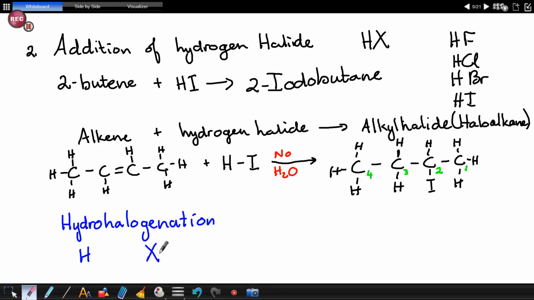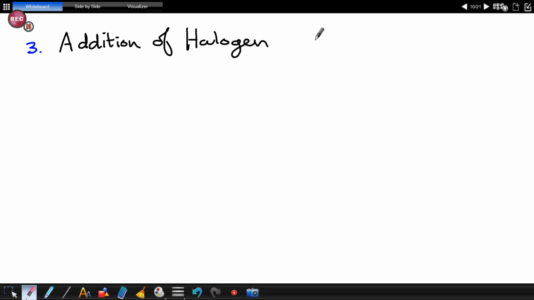Yes, please. Reaction number 3 is addition of halogen. So you could have the addition of halogens: F2, Cl2, Br2, and I2.